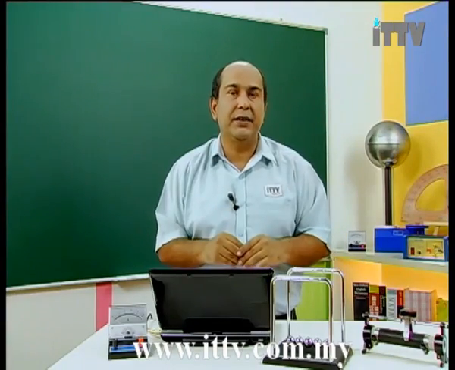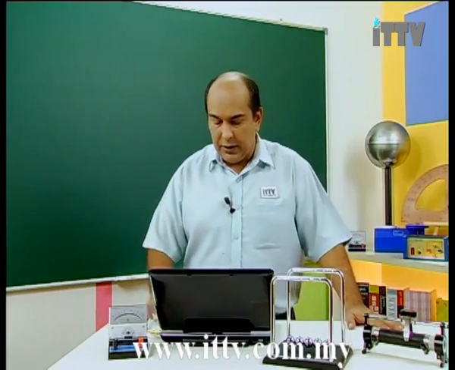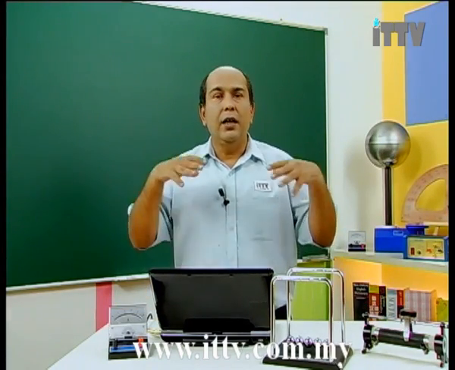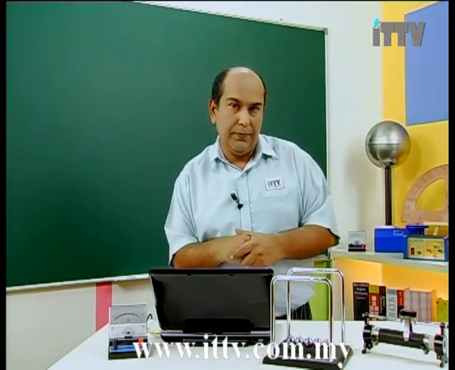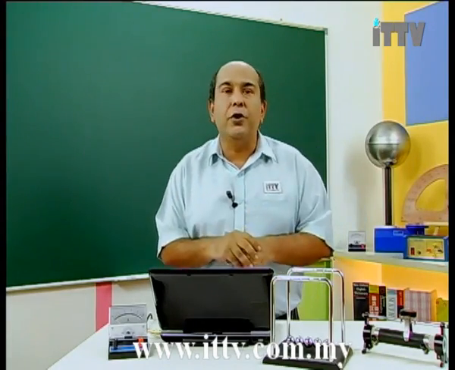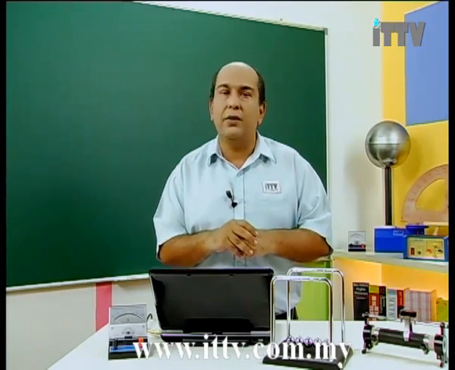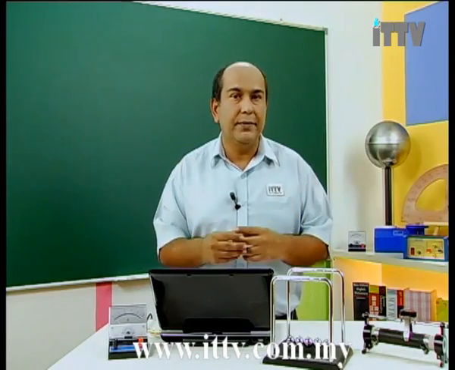That is displacement. But we also need to know the direction of displacement. What we need to know is whether displacement was to the left or to the right, or to the north or to the south. Because we need to know a direction value, we quantify displacement as a vector.